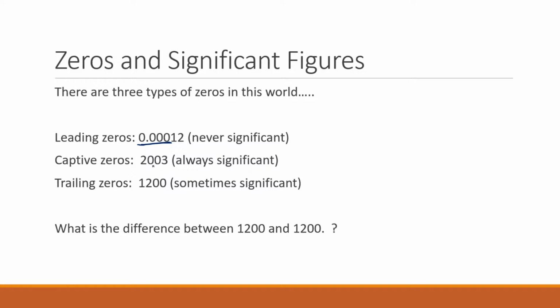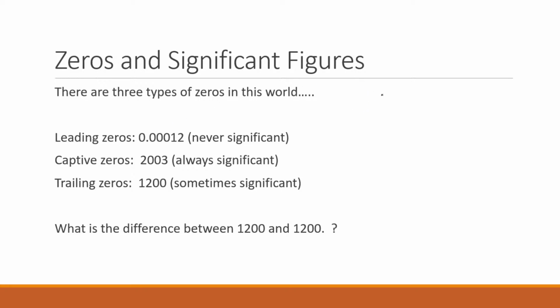The zeros can be in the middle of the number, captive, trapped between two non-zero numbers. Or the zeros can be at the end, trailing the other non-zero numbers. And because there are 3 different places zeros can be and a bunch of different roles that zeros can fill, we have different rules for different zeros.